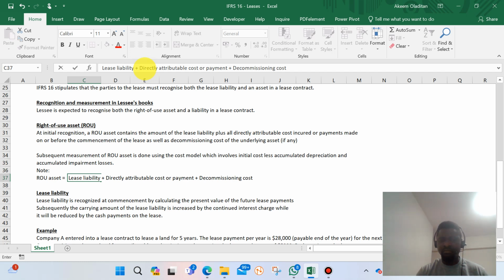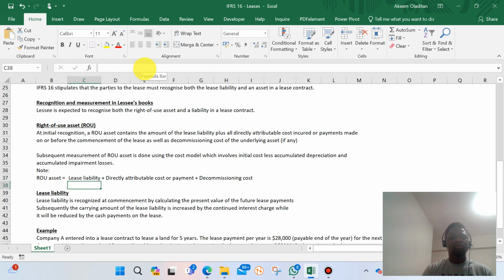Looking at it here, the right of use asset is a bigger component and contains the lease liability itself plus all other costs and decommissioning costs.